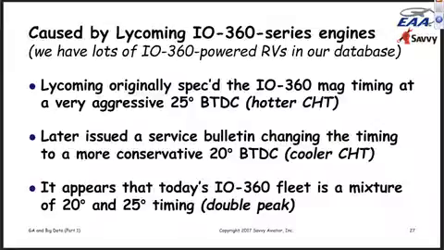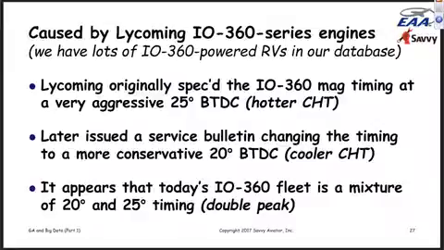And of course, if you retard the mag timing by 5 degrees from 25 to 20, one of the results is going to be significantly lower cylinder head temperatures. By contrast, most normally aspirated Continental engines are timed at 22 degrees. So 20 degrees is very conservative. 25 degrees is very aggressive.